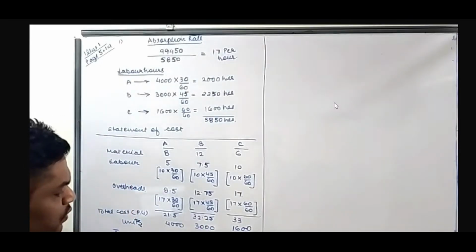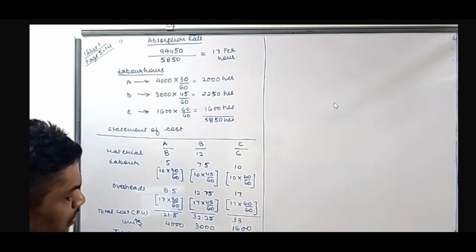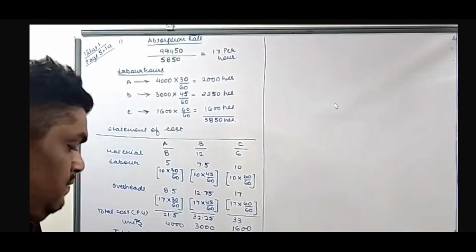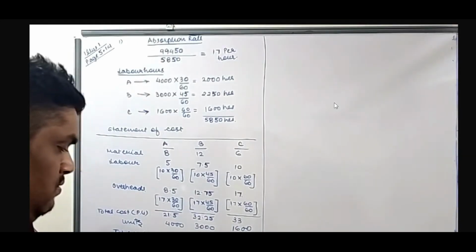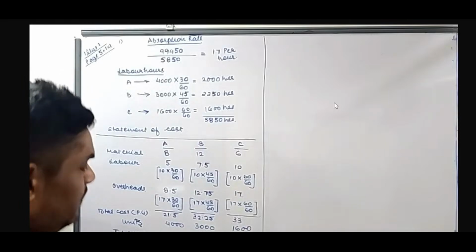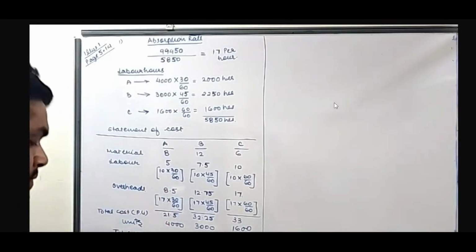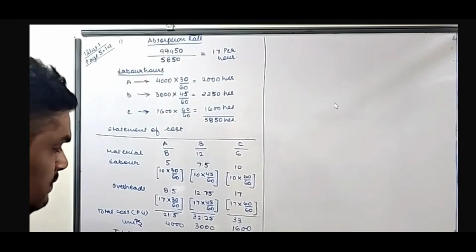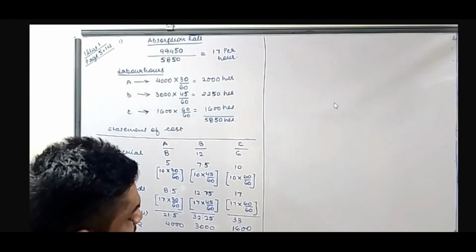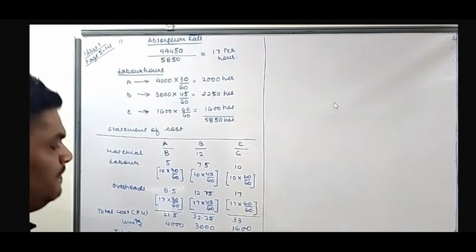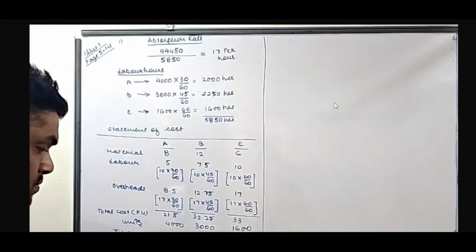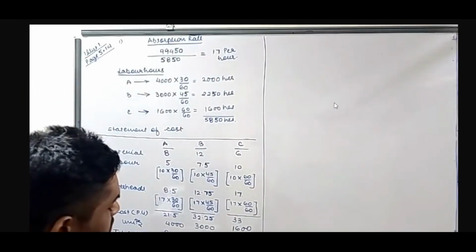So we will get the total cost. So this will be 52,800. This will be 96,750. This will be 86,000.